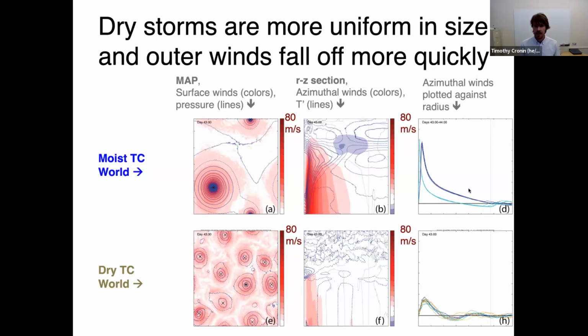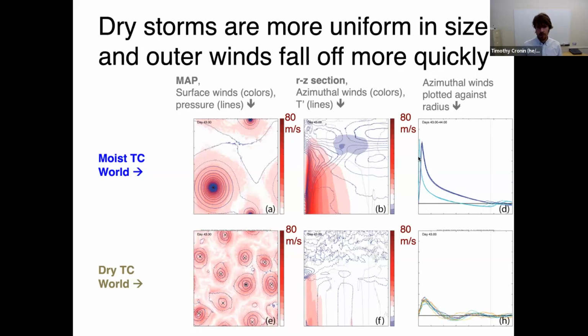And then if you look at the swirling winds at the surface plotted against radius, what's shown here on the top is that different storms in the moist tropical cyclone world can have very different radial structures. They all look similar in a way. They have a very tight, narrow region of maximum winds going up to the eye wall, and then a long, slow decay of their swirling winds as you go to greater distances from the center, or greater radii.